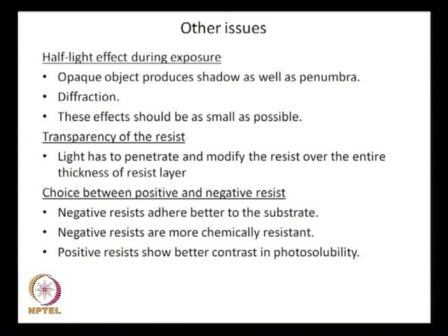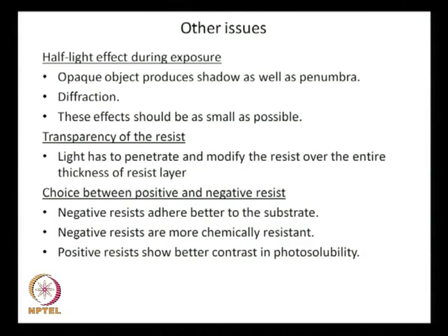Also, there could be diffraction happening as light is passing by a mask, and that can cause reduced light or scattered light when it comes to the pattern transfer. So, these effects should be as small as possible. That is one point that you need to understand. The other point that you have is transparency of the resist.